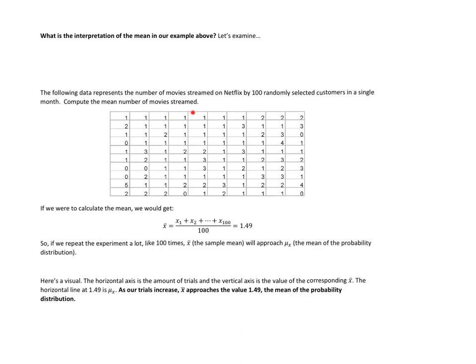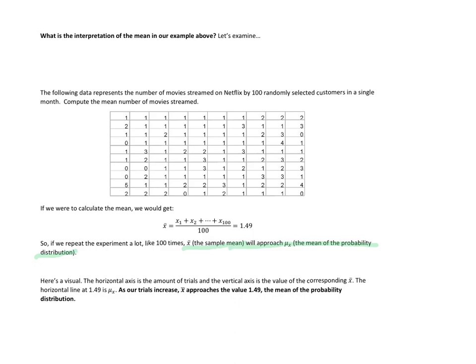That means we add up all 100 of these discrete random variable values and divide by 100. In this case, we would actually get 1.49. So again, going back to the definition, we repeated the experiment a lot, like 100 times, and x bar, the sample mean, will approach mu sub x, the mean of the probability distribution, so the theoretical mean.